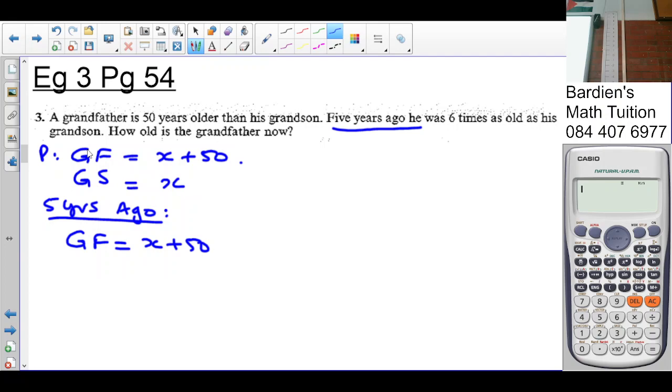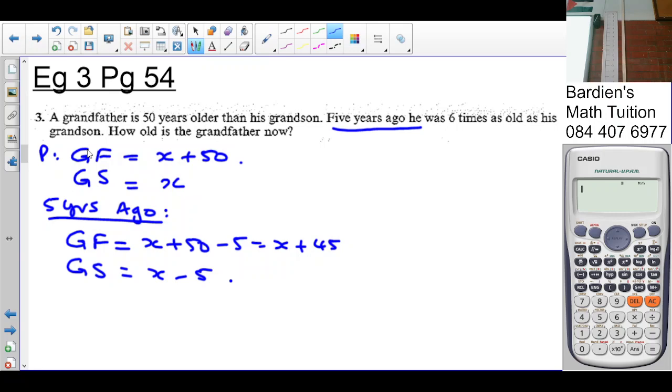If the grandfather is now 100, how old is he 5 years ago? 90. Subtract. So the grandfather is now x plus 50. 5 years ago is going to be x plus 50 minus 5, which is x plus 45. How old was the grandson 5 years ago? x minus 5. You guys understand?